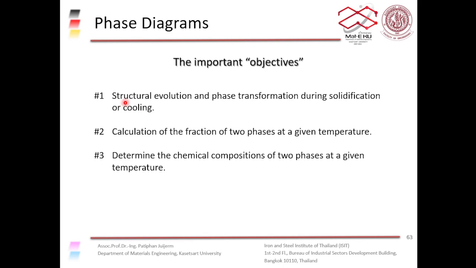You have to know how many phases there are at each temperature, and then you have to be able to tell the chemical composition of each of the phases, whether it is one phase, two phases, three phases or whatever. And also you should be able to calculate or estimate the weight fraction, or the amount, of the phases that are present at that temperature.